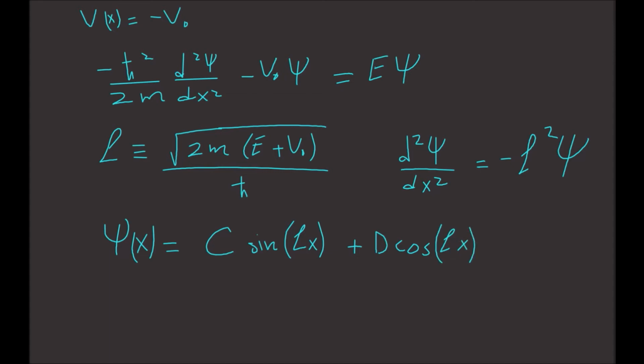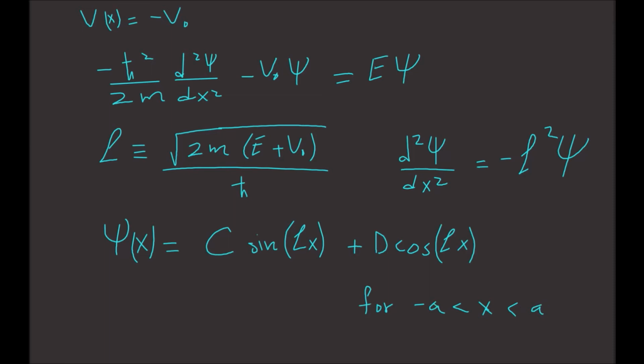If you ask why I switched to sines and cosines, there's no reason. You can write it in terms of exponentials, but you will see this is easier to work with in this case. So this is for x between minus a and positive a.